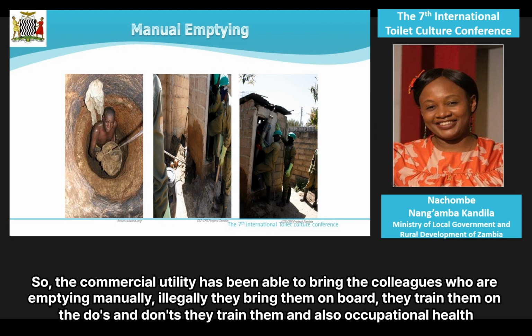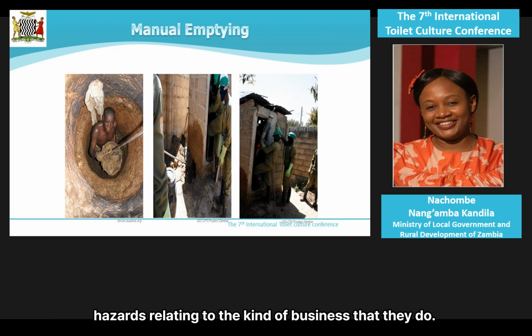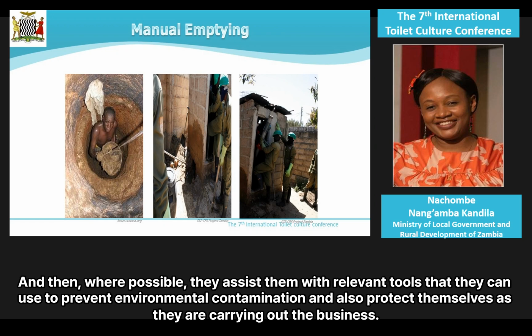So the commercial utility has been able to bring the colleagues who are emptying manually, illegally, on board, and train them on the do's and don'ts, and also on occupational health hazards relating to the kind of business that they do. And then where possible, they assist them with relevant tools that they can use to prevent environmental contamination and also protect themselves as they are carrying out the business.